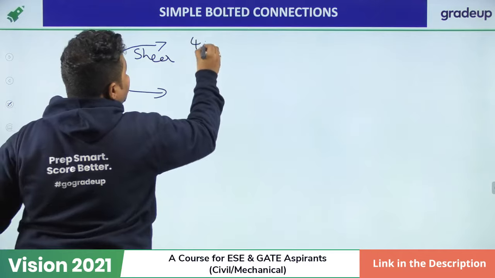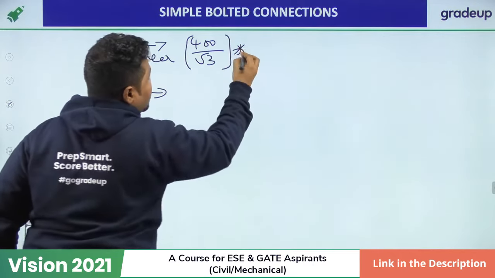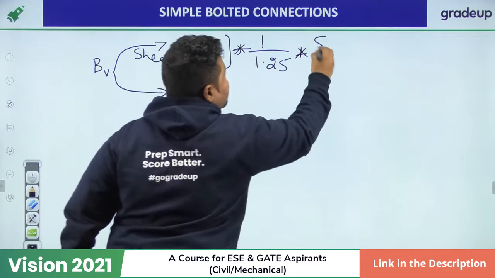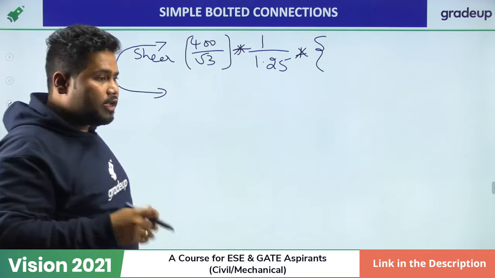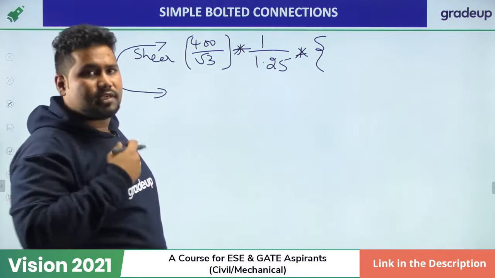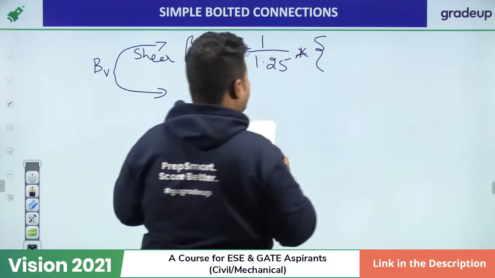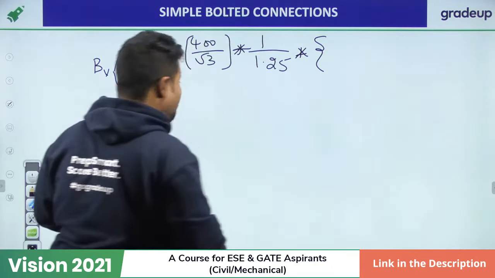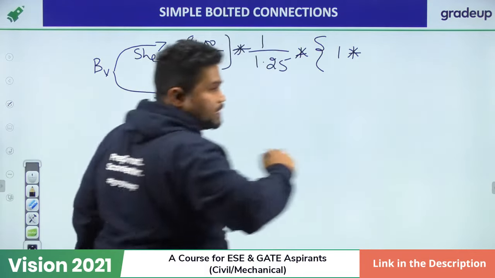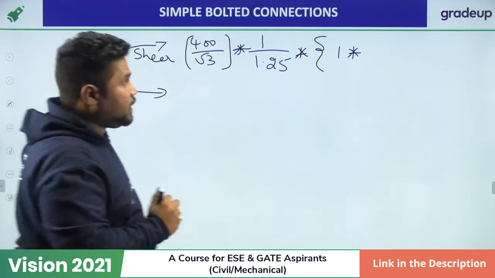It is equal to 400 by root 3, which is the permissible stress in shear, divided by the factor of safety 1.25 and multiplied by the shear area. The shear area is based on the number of shear planes intersecting where the threads or shank are. Here you had seen only one shear plane is there, and that one shear plane itself is intercepting at the level of threads.